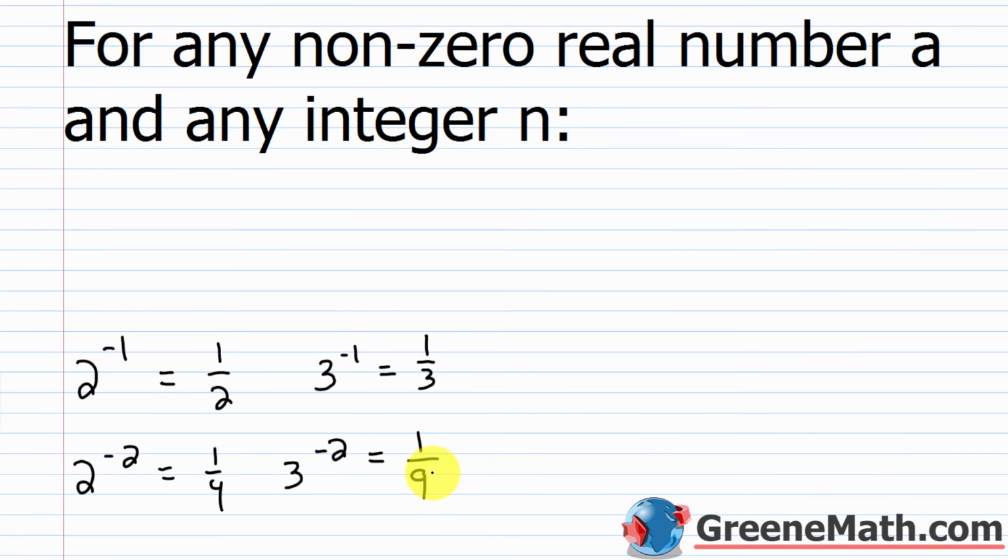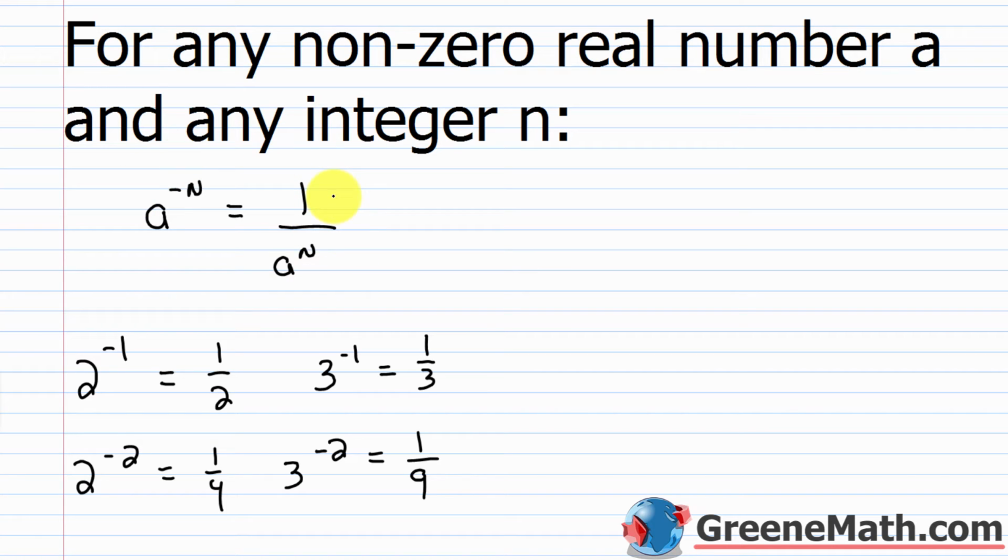Now, I'm going to give you the rule here. For any non-zero real number a, a just stands for any non-zero real number, and any integer n, we have the following rule. So a raised to the power of negative n is going to be equal to 1 over a to the power of n. So you can just substitute into this formula, and you'll never get the wrong answer.